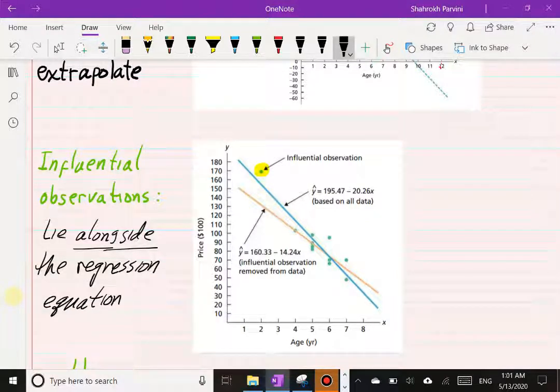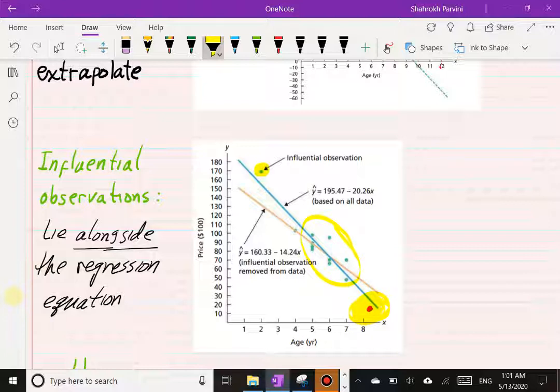They usually go in tandem with it. So, for example, let me draw another influential observation, made up. This one, for example, down here, is going to be another influential observation. You see how it's near the line, right? Again, I'm looking at this one. It's near the line, and it's away from the rest of the group.